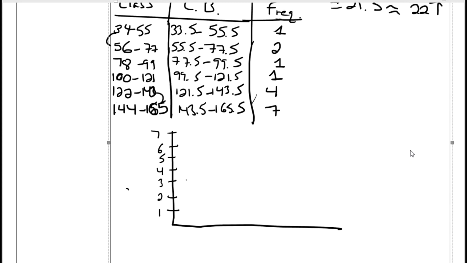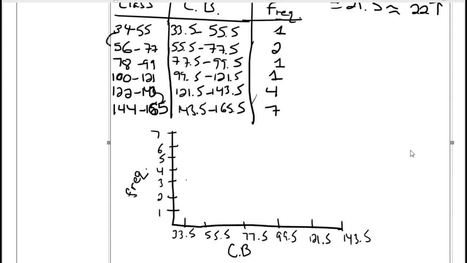And that's our frequency. And this is our class boundaries. So we have 33.5, 55.5, and so on. Need to make this longer because we also have 165.5.